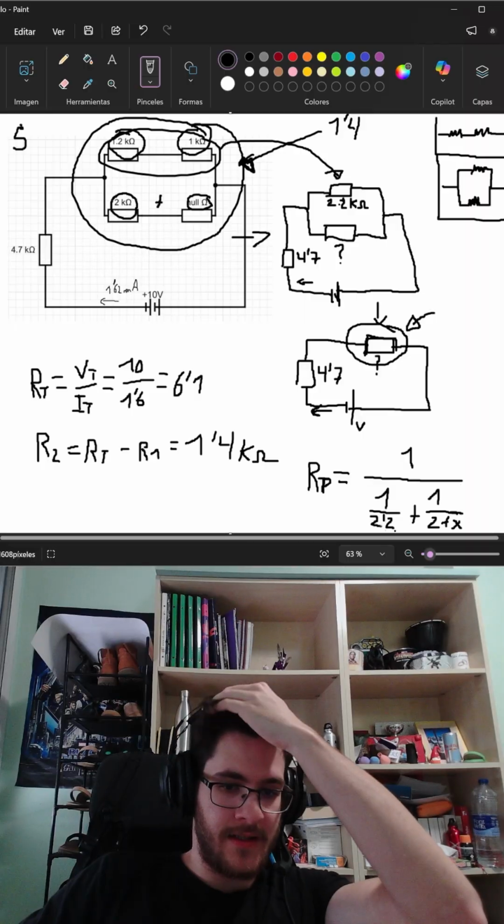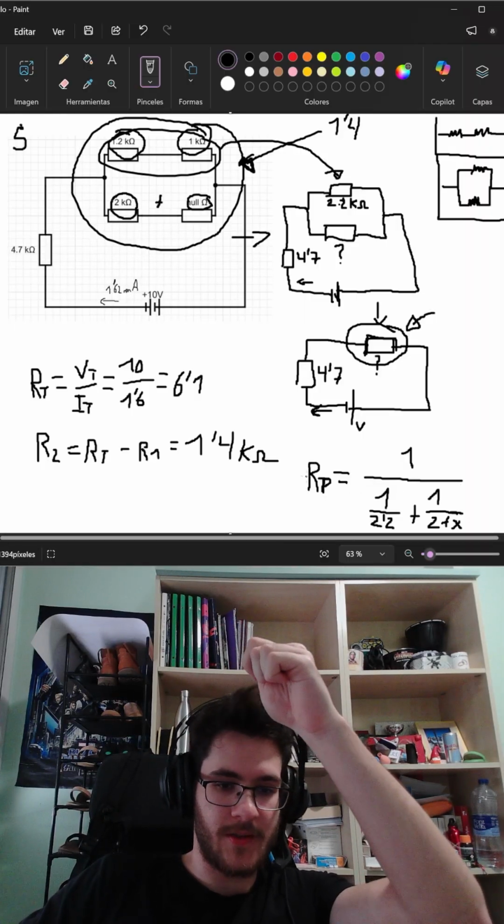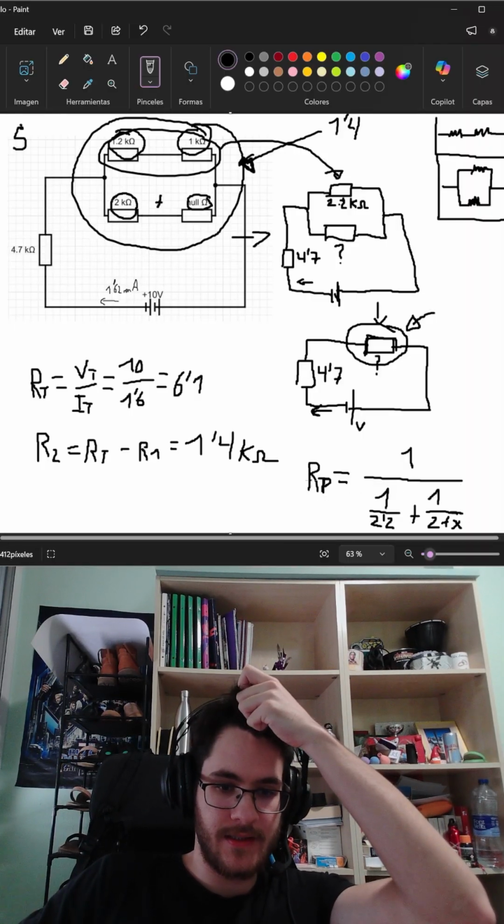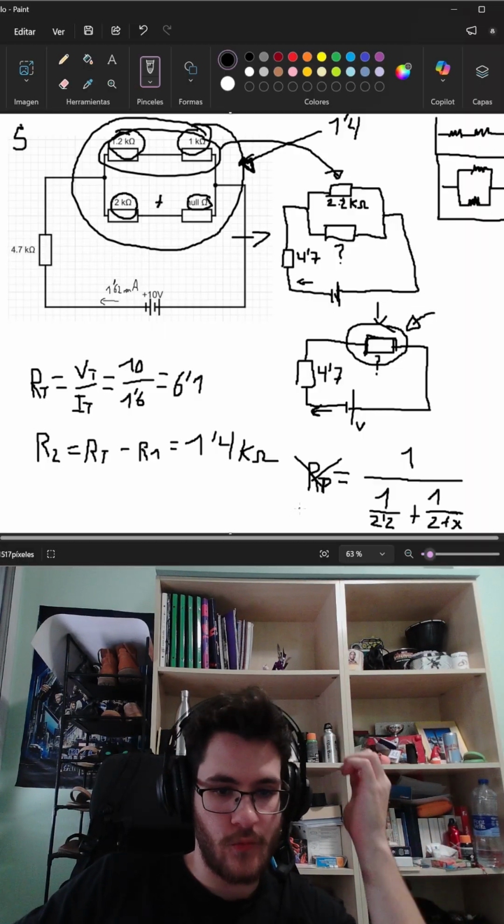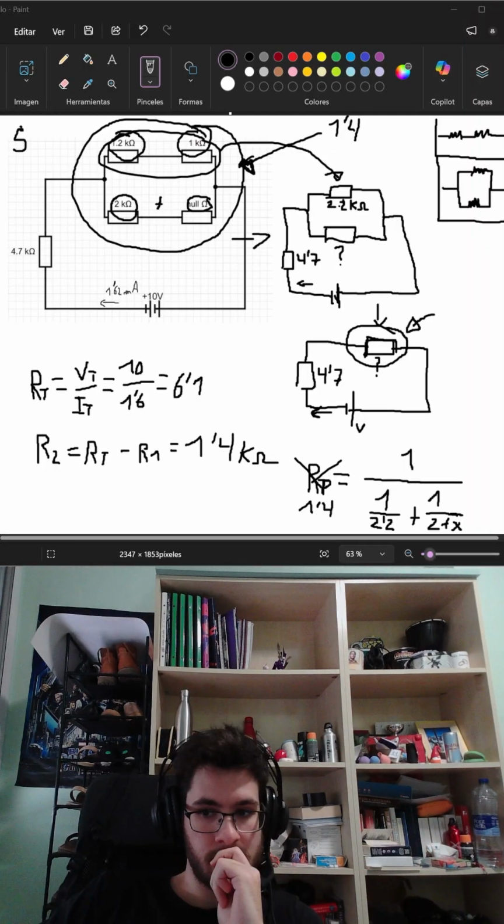And now solve this equation, because we know that the resistance is 1.4.